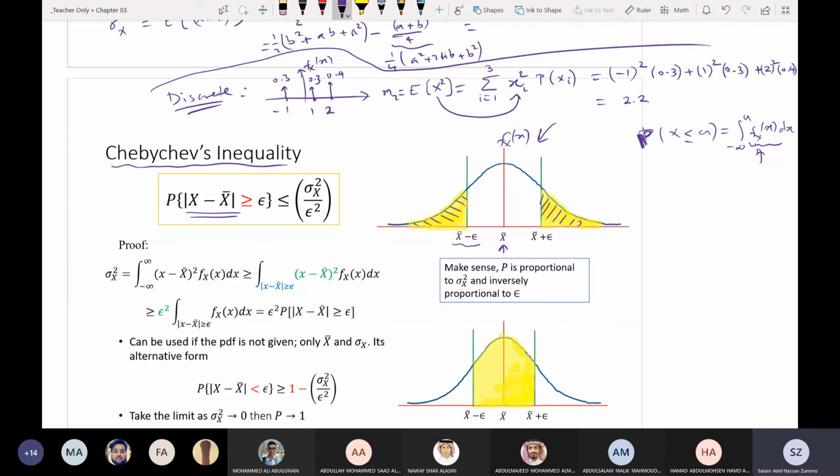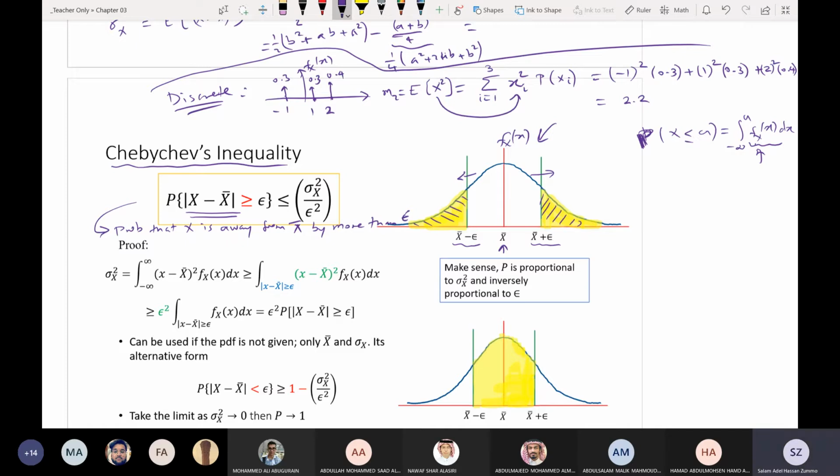So this is x bar minus epsilon, this is x bar plus epsilon. What is the probability that x is away from the mean by more than epsilon? So this is equal to the probability that the absolute value of x minus x bar is larger than epsilon. This is the way we read it.